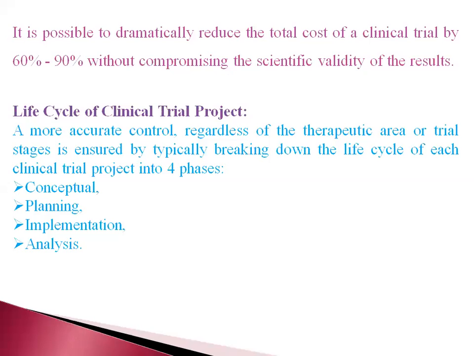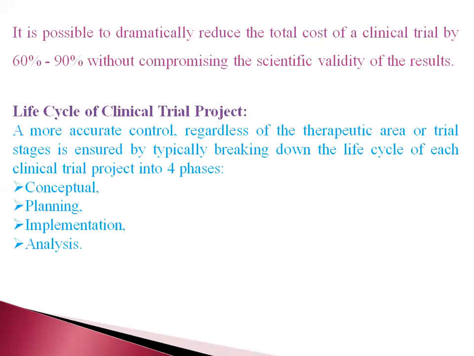It is possible to dramatically reduce the total cost of clinical trials by 60 to 90% without compromising the scientific validity of results. Okay, this is possible with clinical trial management. If there is a programmed approach, in that case we can reduce the cost, overall 60 to 90%, without changing any quality standards.